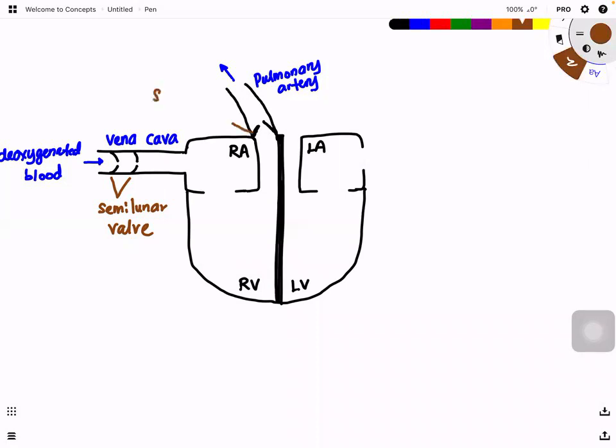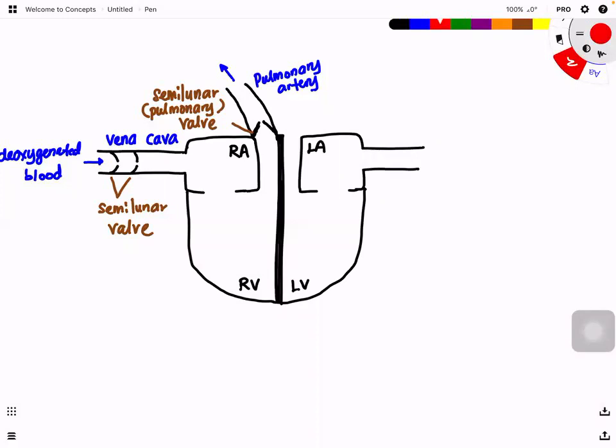So this is also termed the semilunar valve, also known as the pulmonary valve. This valve is very important to prevent the backflow of blood from the artery back into the right ventricle. Next, we have the blood that enters into the left atrium.